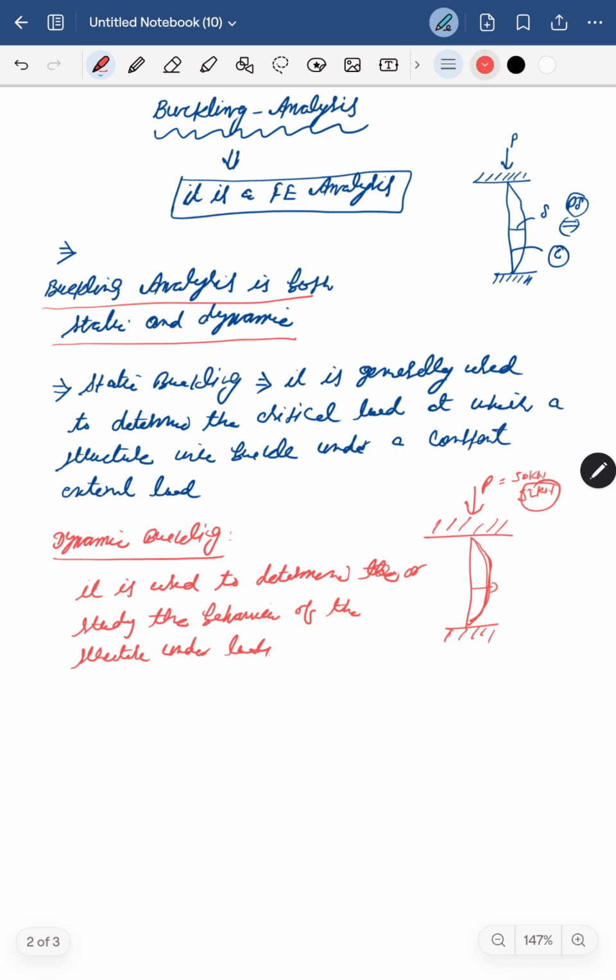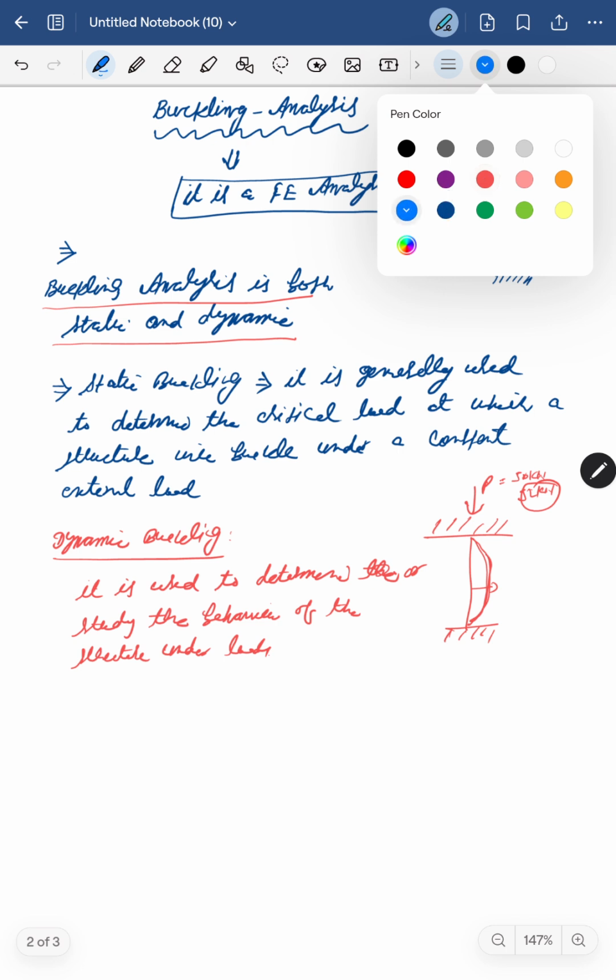Now we know what buckling is, and in which conditions we need to apply buckling analysis. It is not necessary that buckling analysis is performed in each and every structure. Being a structural engineer, when you go for the analysis of structures, there are different types of analysis you have to perform.